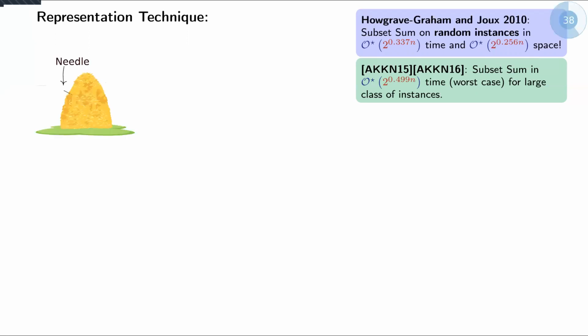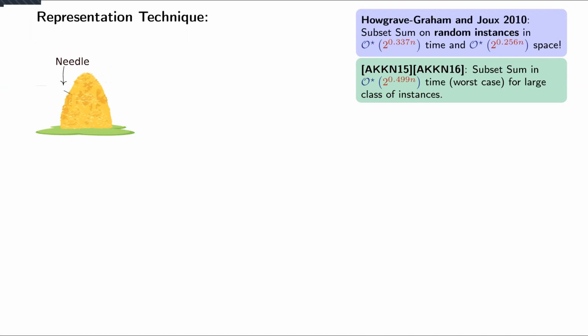So if I would like to sum up the representation technique in a picture, it would be something like that. You are given a searching problem, you have some search space and a solution. You can think about a needle in a haystack, and the goal is to find the needle.